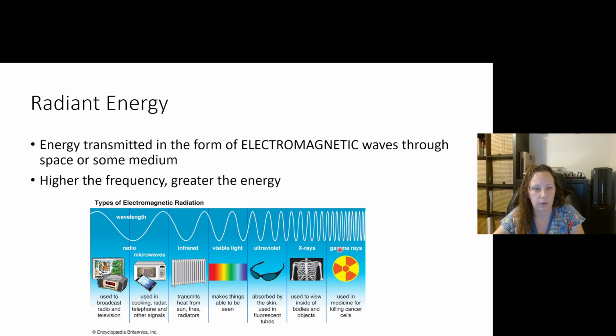The higher the frequency, the greater the energy. And if you think about what damage some of this stuff can cause to your body, so gamma rays is like it's used in medicine, but it's radioactivity, right? And so this can cause some serious damage to your body if you're not careful. Versus radio waves are pretty harmless, okay? And that's because there is a lot more energy in these high frequency waves.